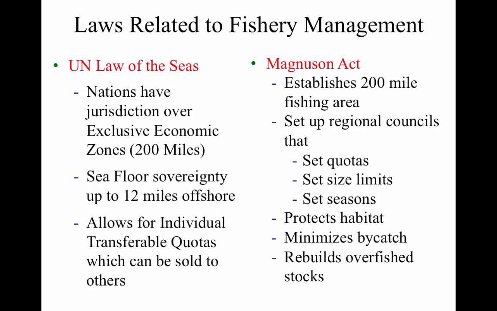So, a couple of laws that are related to fishing, and one is the UN Law of the Sea. When a boat goes out into the Atlantic Ocean, they might sometimes make another nation angry. Spain is known for sending their ships all over the Atlantic Ocean, even as far as off the coast of Canada to go fishing. And issues would start to arise, and nations would start to get a little mad at each other.